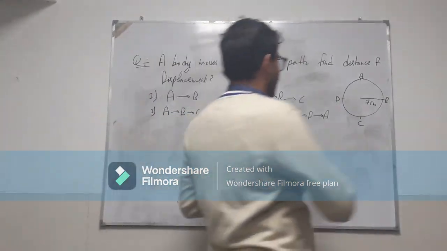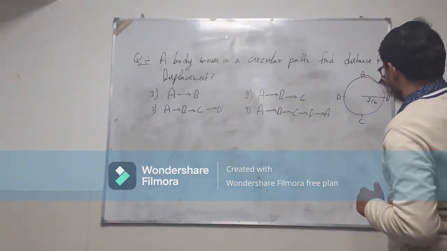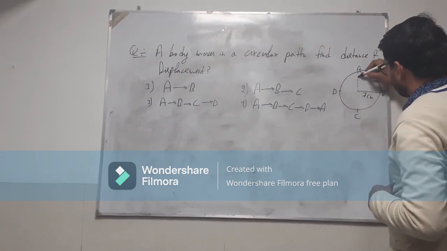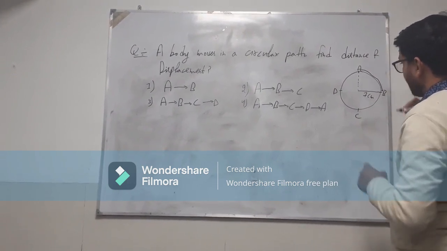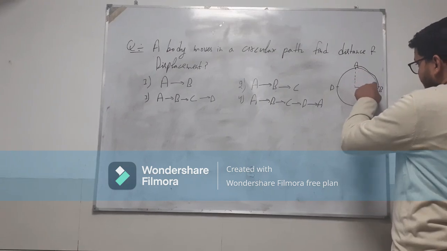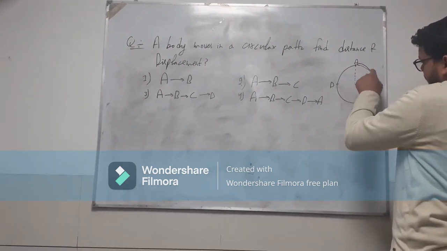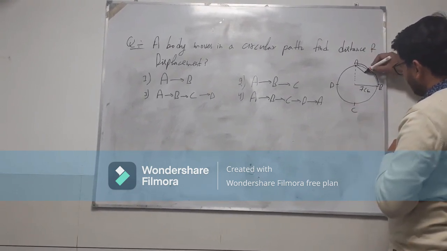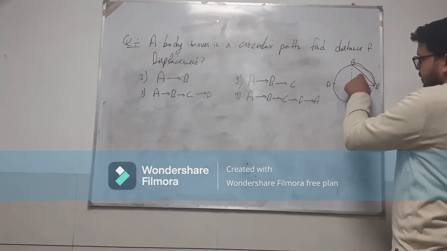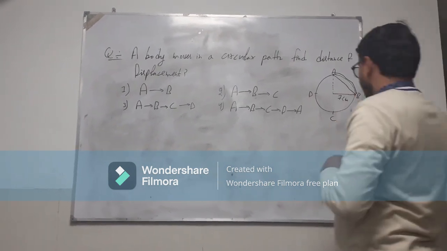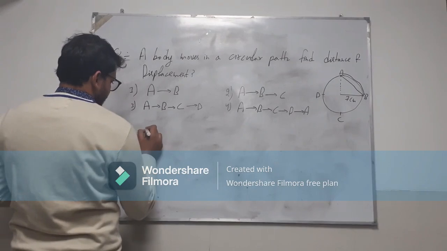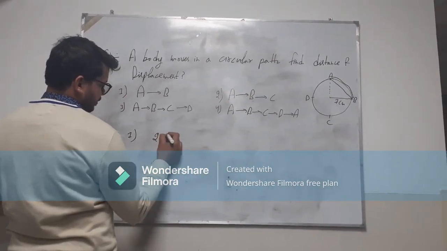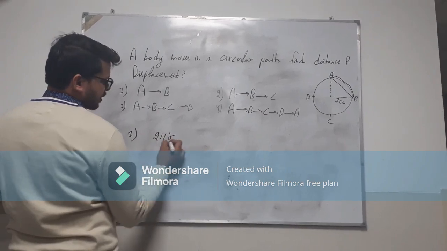See, if the body is moving from A to B, how much distance is covered by the body? That is a 1/4 curve of a circle. And the shortest distance covered from A to B, if I draw a straight line, is the displacement. The total perimeter of a circle is 2 pi r.